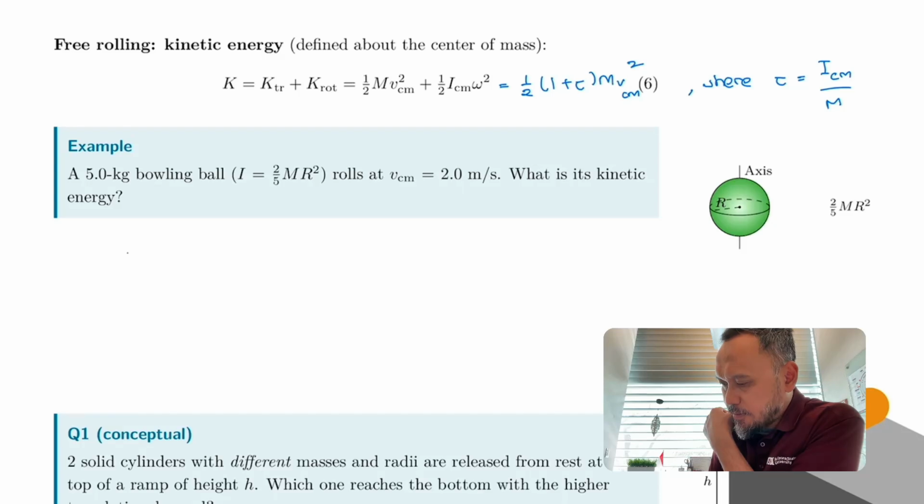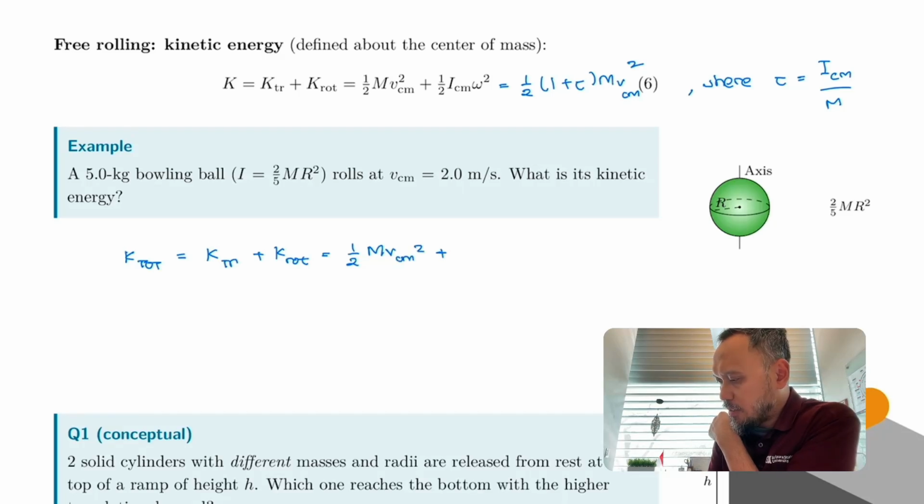So basically, K total is equal to K translational plus the kinetic energy of the rotation mode. This is equal to 1/2 m v squared. The second part is 1/2 times I, which is 2/5 m r squared, times omega squared, but omega is equal to v divided by r, so omega squared is v squared divided by r squared.